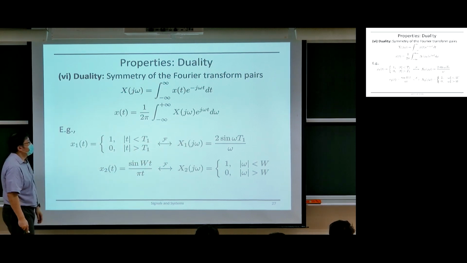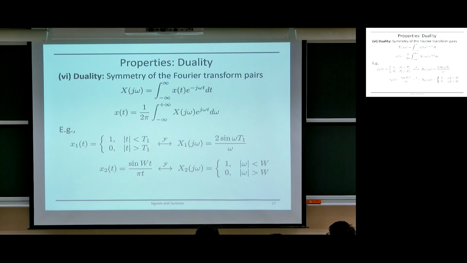So for example, here, it's probably easier to go from the square signal to the sinc than the other way around. So if you know how to do this, then you can obtain the Fourier transform of a sinc by this duality property.